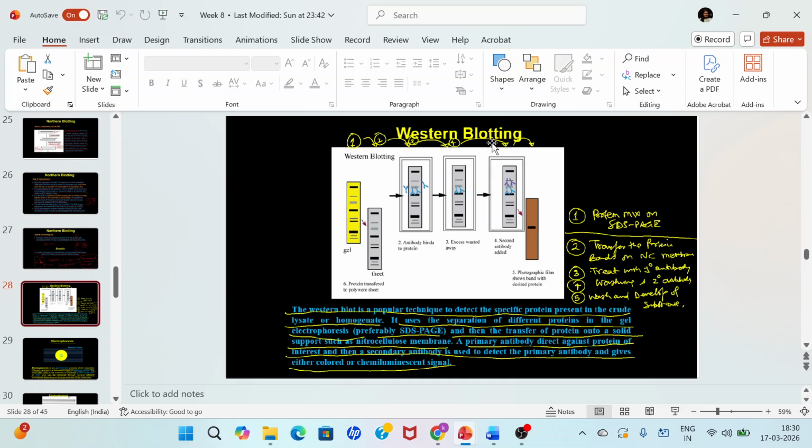It uses the separation of different proteins in gel electrophoresis, preferably SDS-PAGE, and then the transfer of proteins onto a solid support such as nitrocellulose membrane. A primary antibody directed against the particular protein of interest, and then a secondary antibody is used to detect the primary antibody and gives either a colored or chemiluminescent signal.